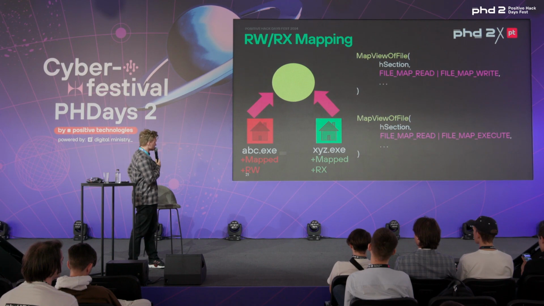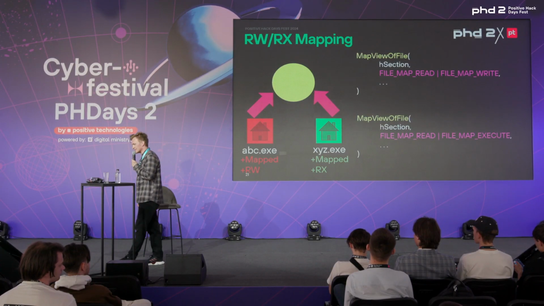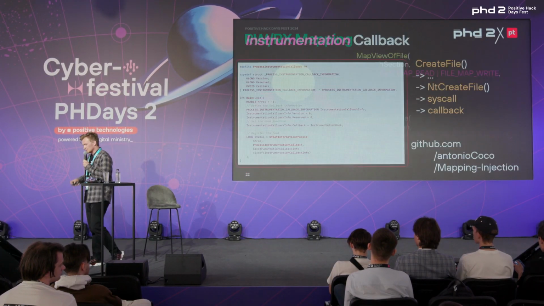It means that in the address space of our process, we show the read-write payload, but in the address space of the attacked process, we show read executable, and this will reduce your profile. Maybe your shellcode will stay in the memory for a little bit longer.